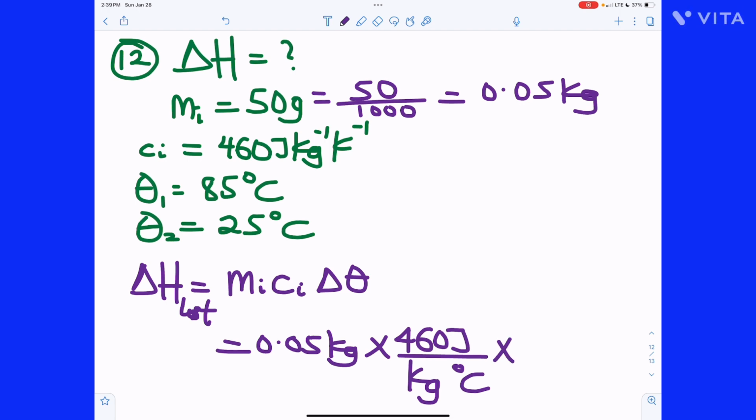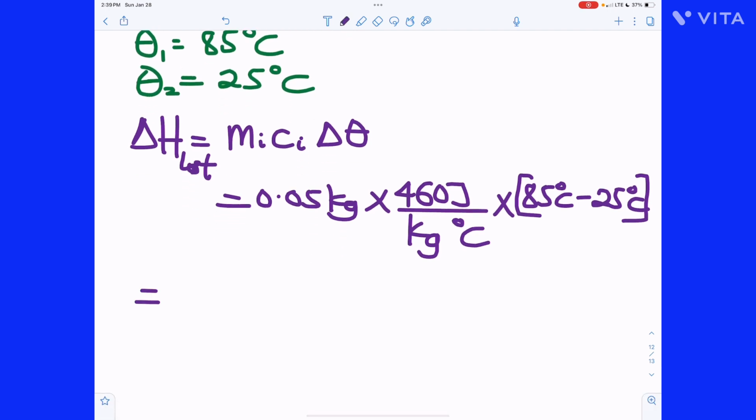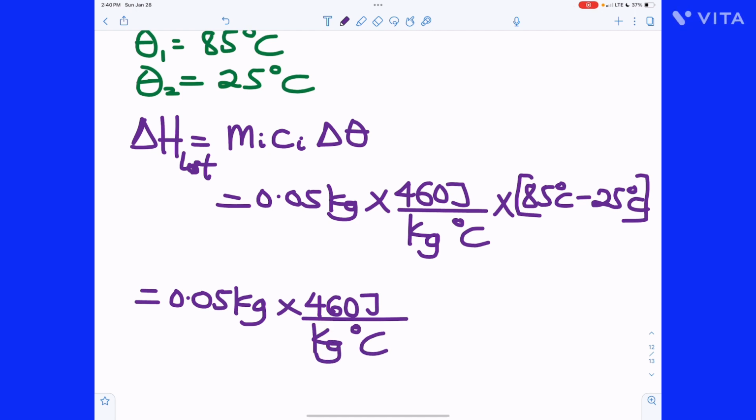Change in temperature is what? 85 degrees Celsius minus 25 degrees Celsius. So that gives you 0.05 kg times 460 joules per kg per degree Celsius times 85 minus 25, which is 60 degrees Celsius.